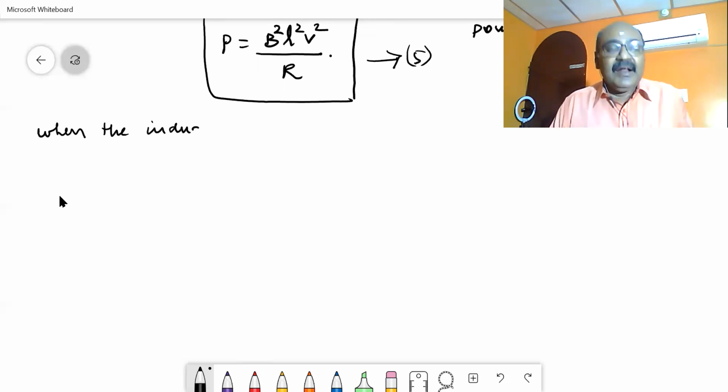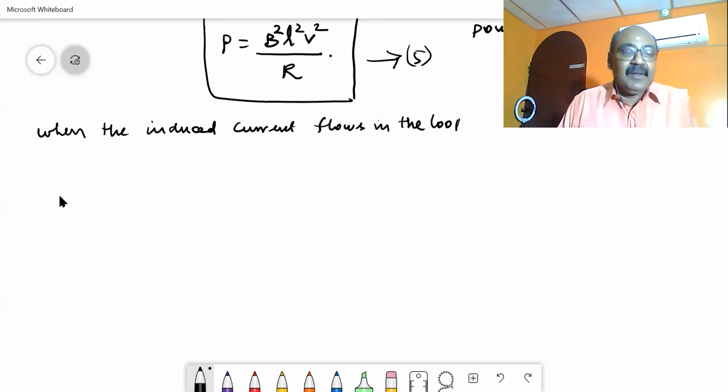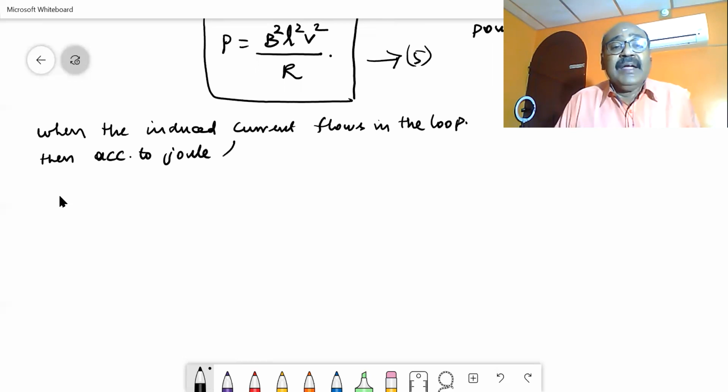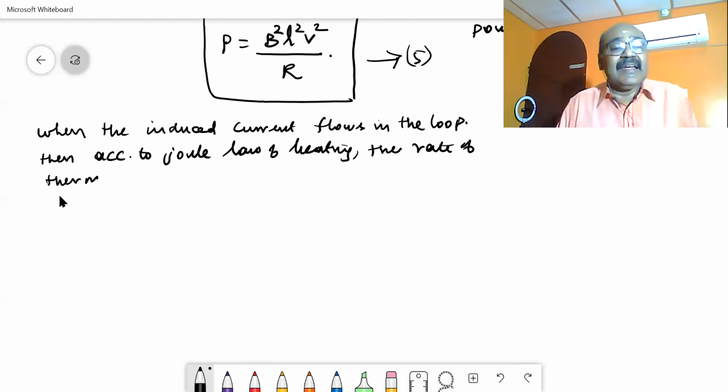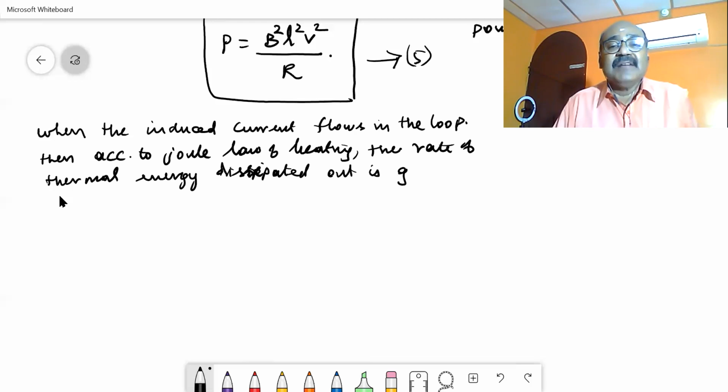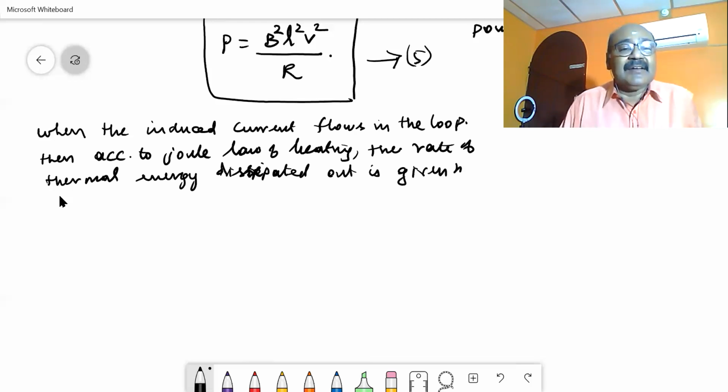So when induced current flows in the loop, then according to Joule law of heating, the rate of thermal or heat energy given out or dissipated is given by P equal to heat energy divided by time.